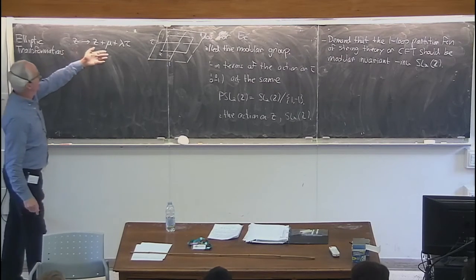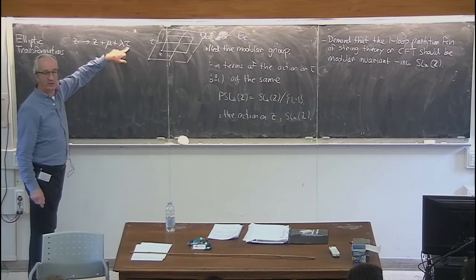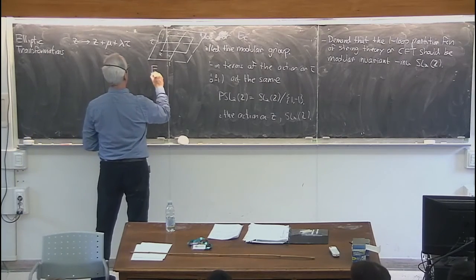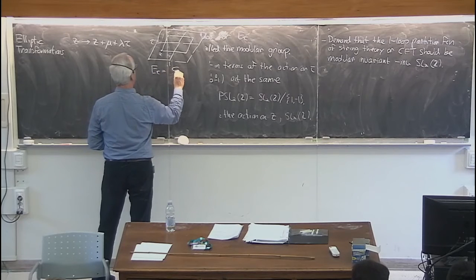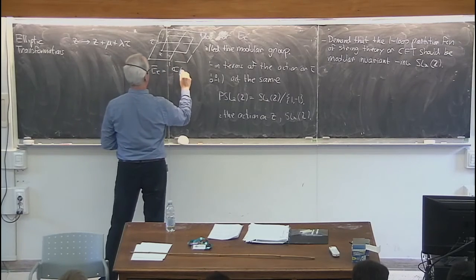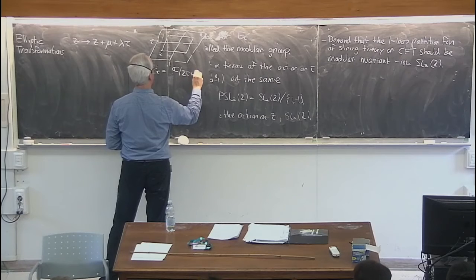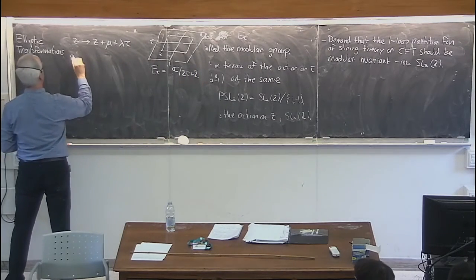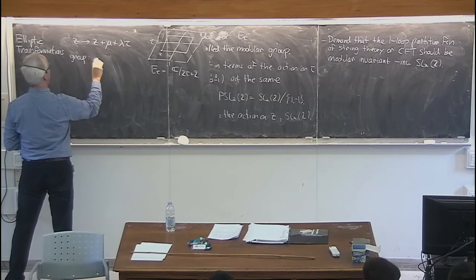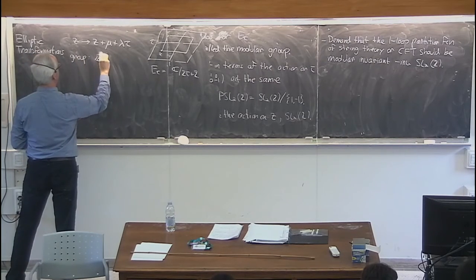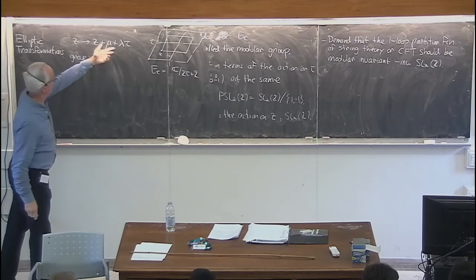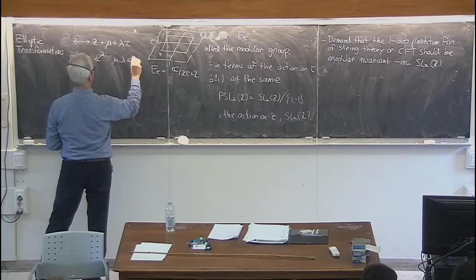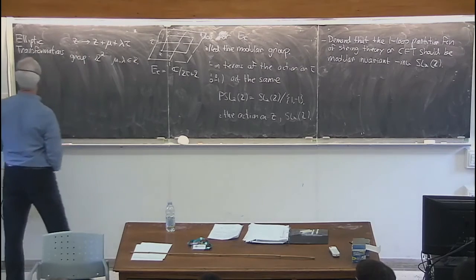And this transformation depends on a parameter tau, which specifies this 2 torus or elliptic curve, which is this quotient of the complex plane. And these form a group. The group here is just 2 copies of the integers, because mu and lambda here are integer.